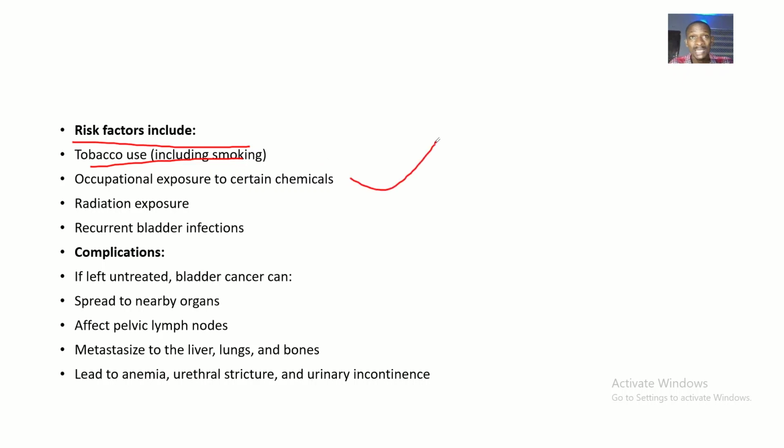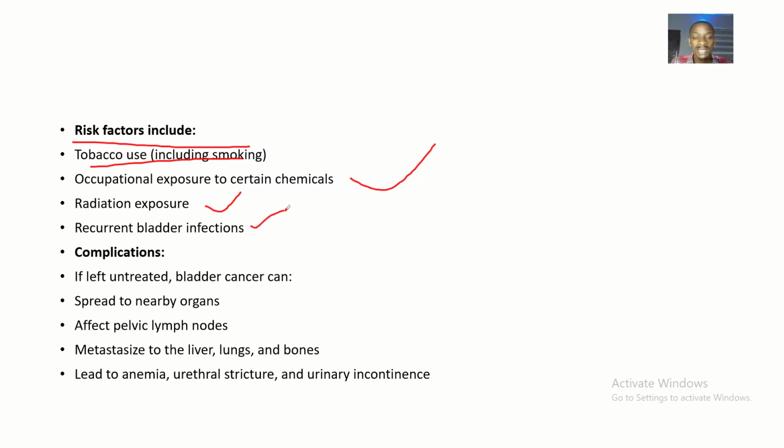Maybe you work in a chemical industry or a cement factory, or they are making agricultural pesticides and herbicides. Those are the certain chemicals. Then radiation exposure, maybe from X-ray, MRI scan, or CT scan.